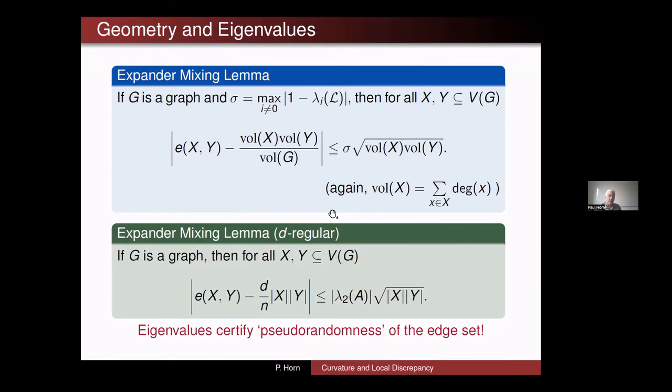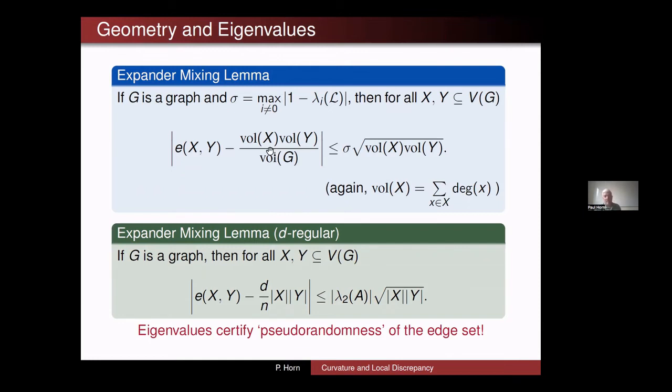So another result that one gets quite easily from the eigenvalues of this normalized Laplacian is a bound on discrepancy, which is to say a bound on the pseudo-random properties of your edge set. So what this is really saying is that if I look at the edges between subsets, and I compare it to what I would expect in a random graph.